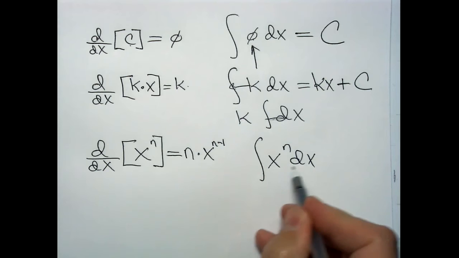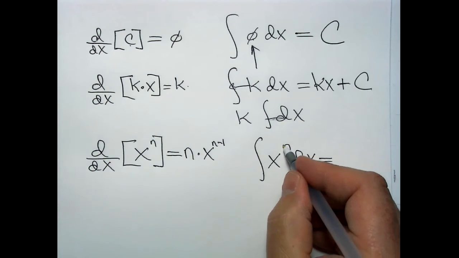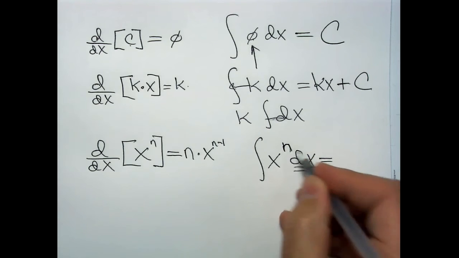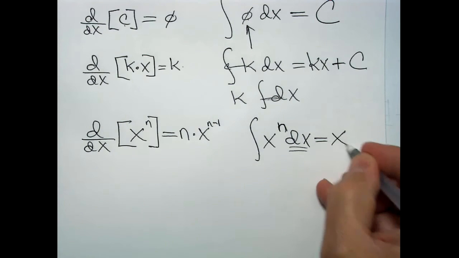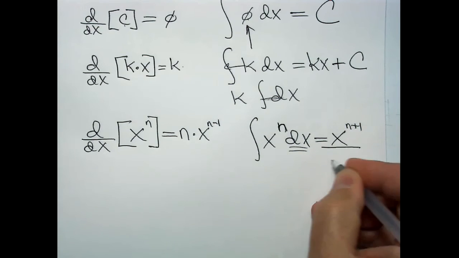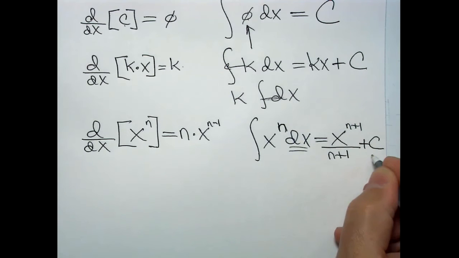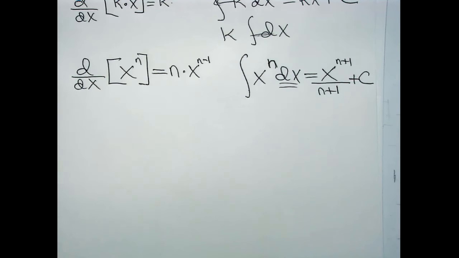You've got to have the integration symbol along with its companion dx. Well, we discussed this a moment ago. As long as it's a constant power, n has to be a constant. It doesn't have to be an integer, but it does have to be a constant. We add 1 to the exponent, and we divide by the new exponent, and we always do put a constant of integration after an indefinite integral.